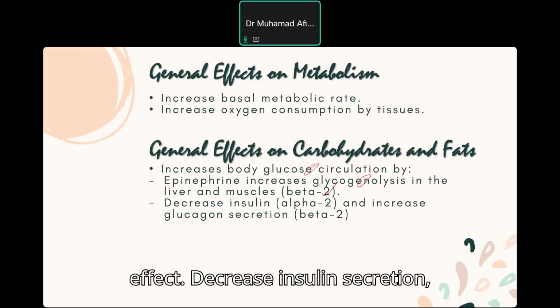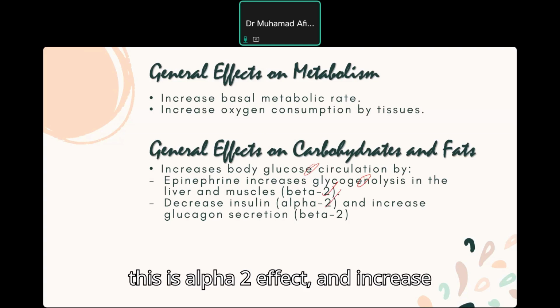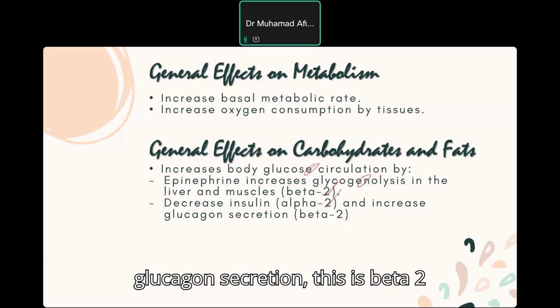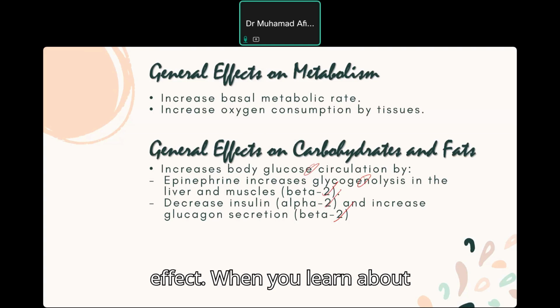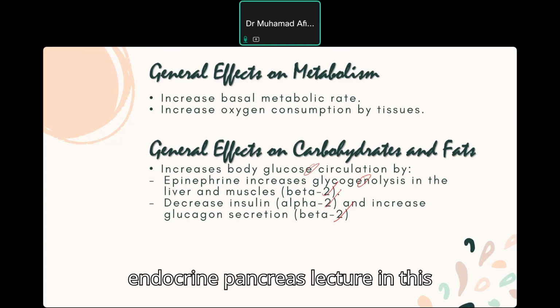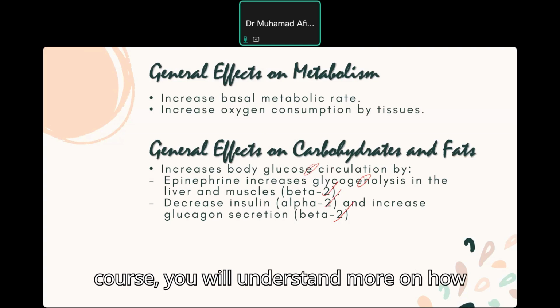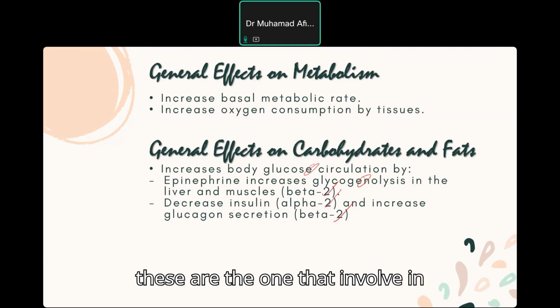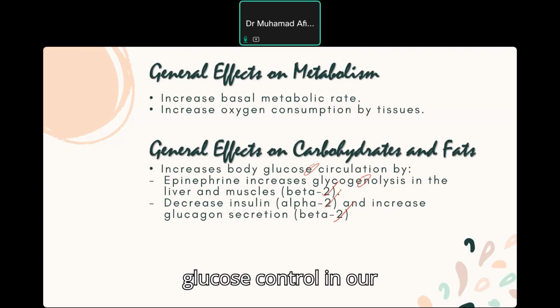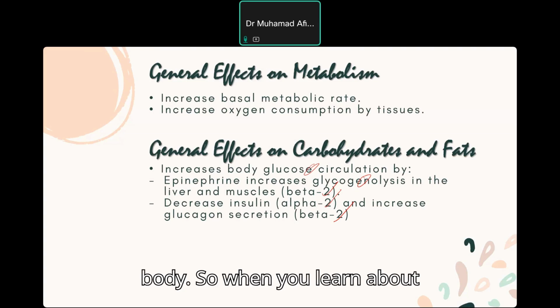Decreased insulin secretion, this is alpha-2 effect, and increased glucagon secretion, this is beta-2 effect. When you learn about the endocrine pancreas lecture in this course, you will understand more on how these are the ones involved in glucose control in our body.